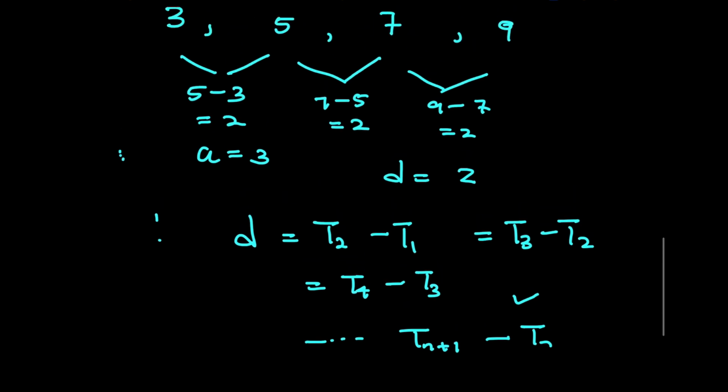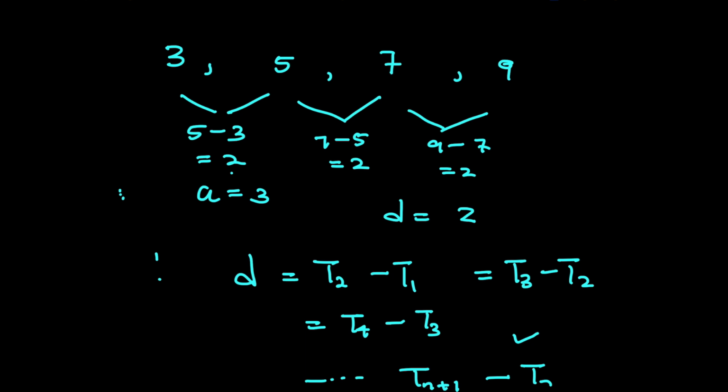If you found that this answer here is 2, and then you found 3 here, it is not an arithmetic sequence.